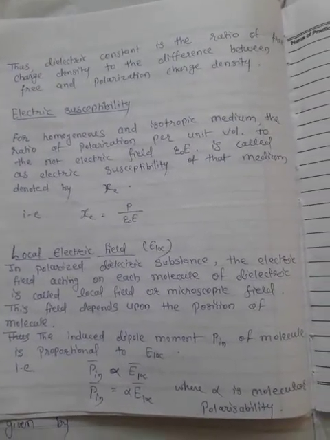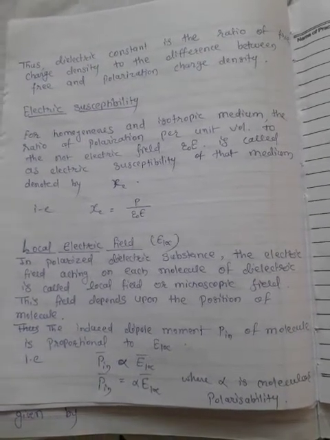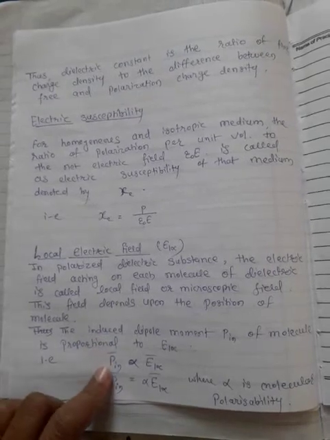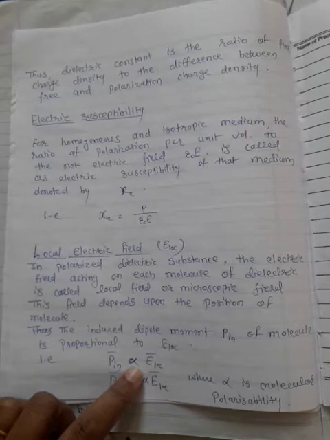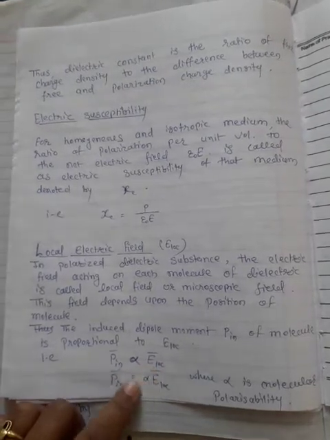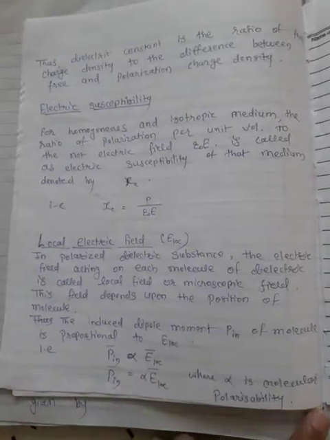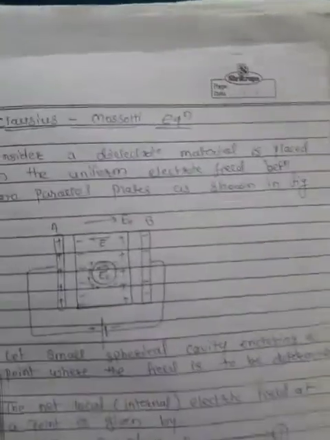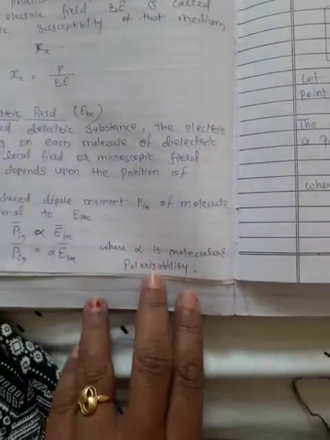The induced dipole moment P of the molecule is proportional to E local, given by P equals alpha E local, where alpha is the molecular polarizability.